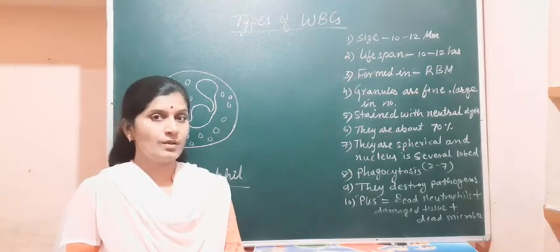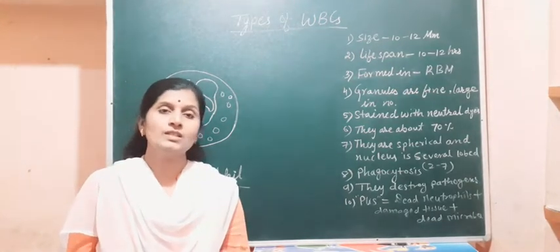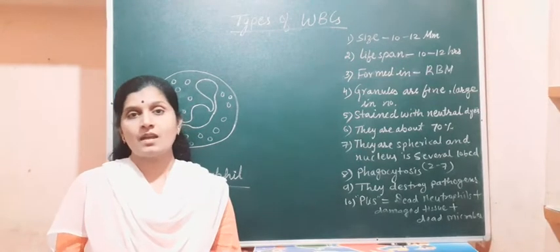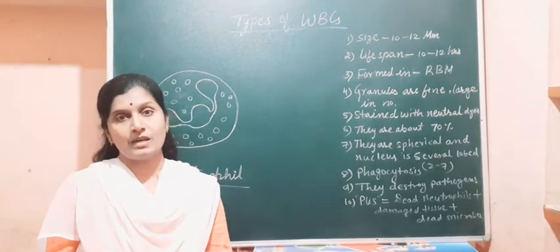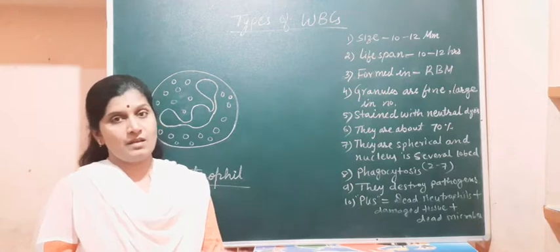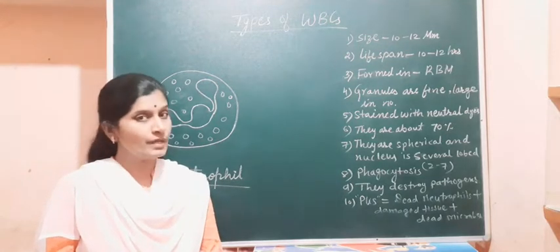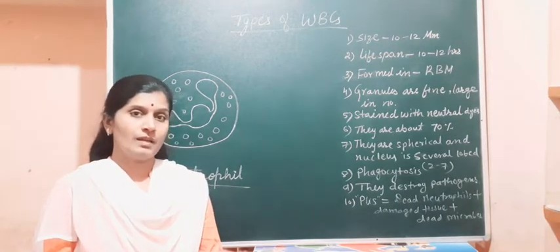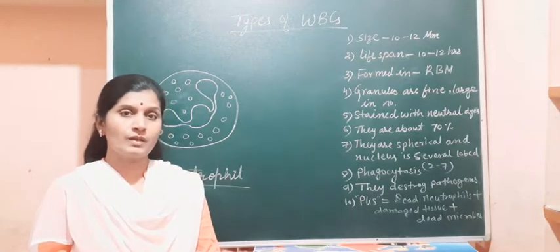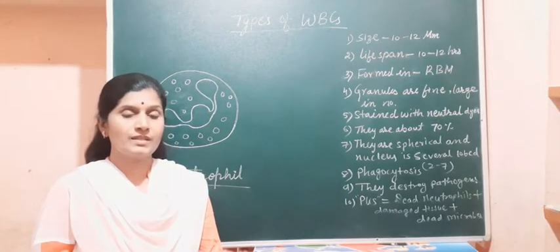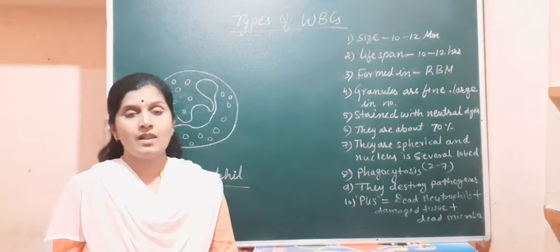The first type is neutrophils. These neutrophils are present abundantly out of all the cells. As I told you, the five names of these cells are neutrophil, acidophil, basophil, monocytes and lymphocytes, and the neutrophils are larger in number.